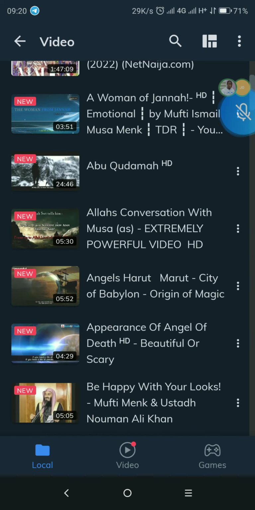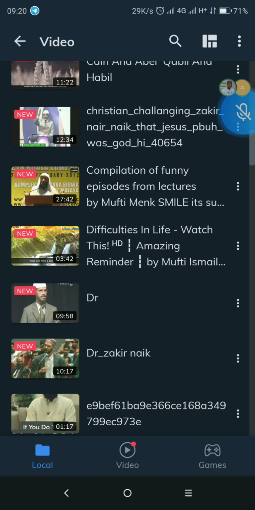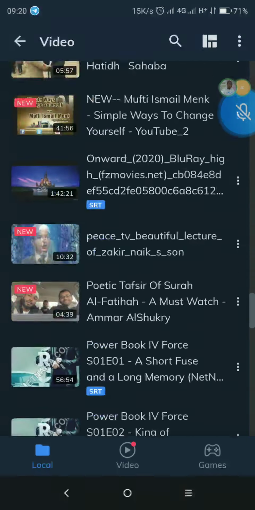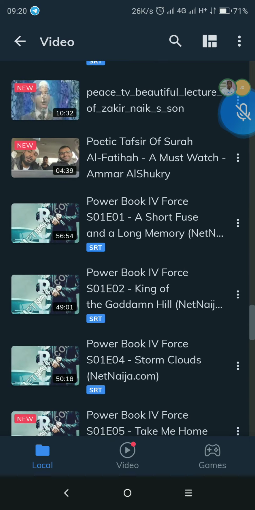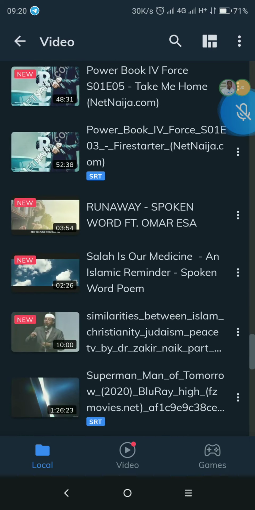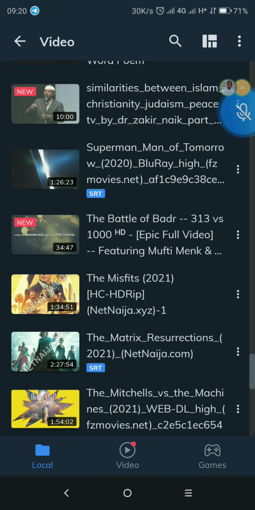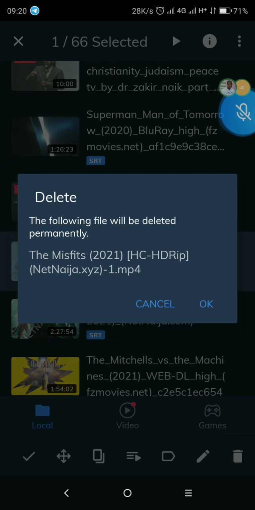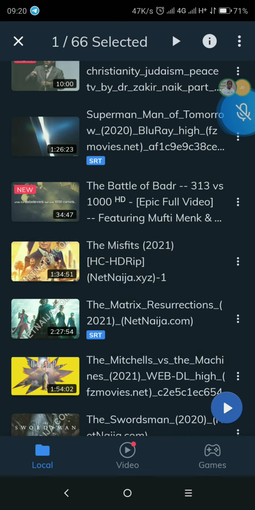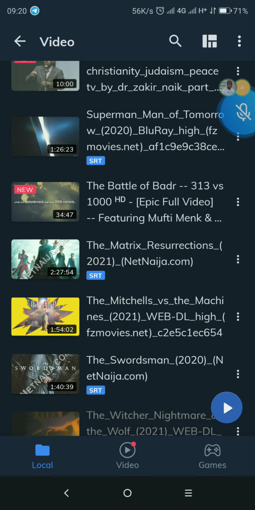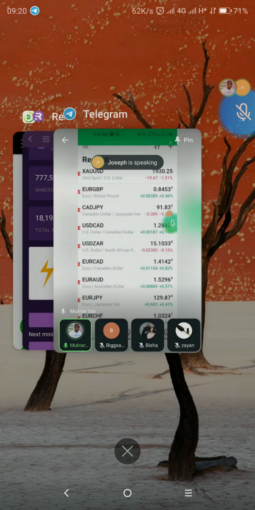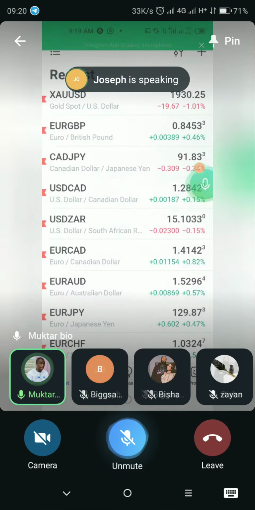They're trying to tell you that for every €1 you buy, it is equal to 0.84 pounds. If you look at your naira, for every $1 you buy, it is equal to 415 naira. The same thing applies to all other currency pairs.